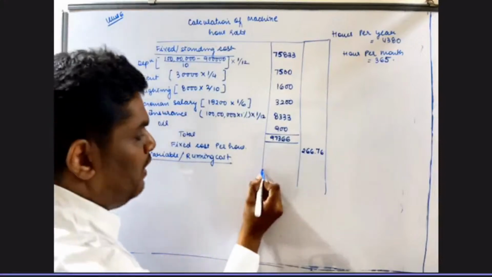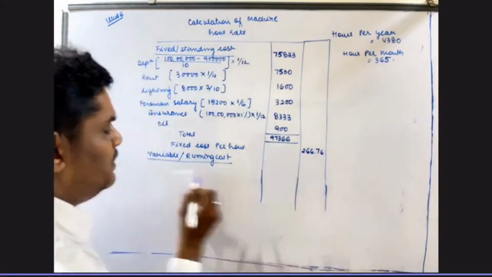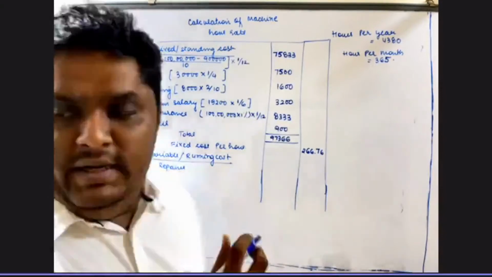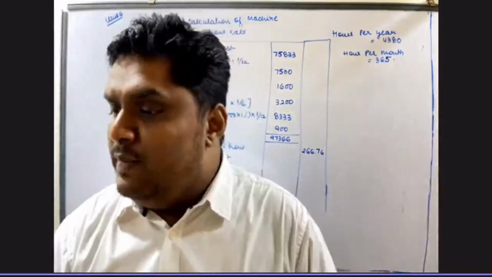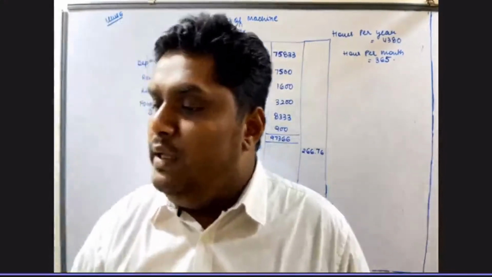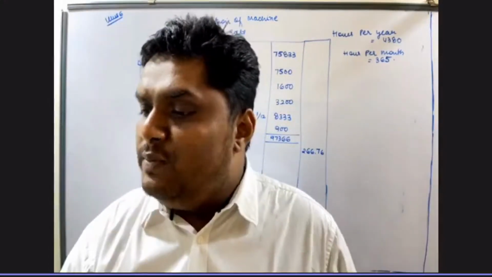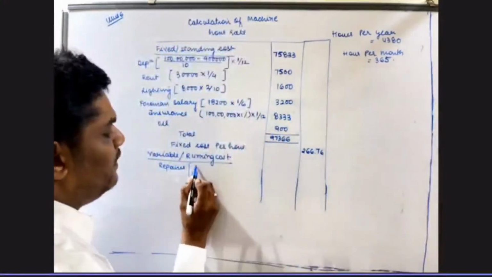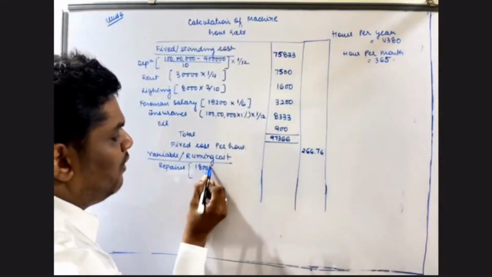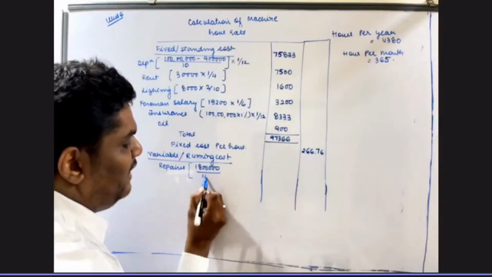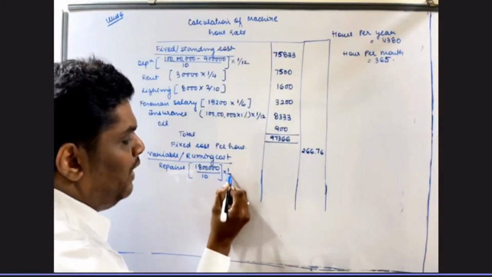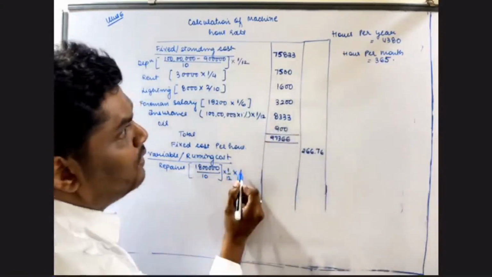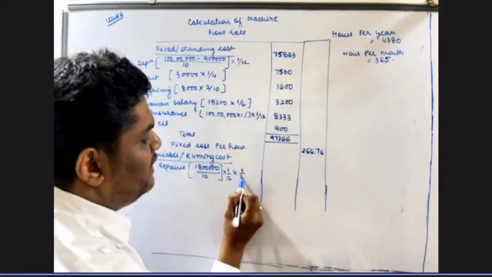Now repairs are treated as variable cost. It is given in the question that the repairs during the whole life of the machinery are expected to be 18 lakh. So accordingly, 18 lakh divided by 10 years, into 1 by 12, into the number of hours per month, that is 1 by 365.